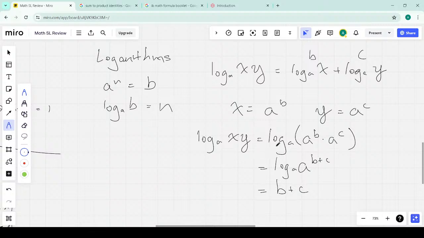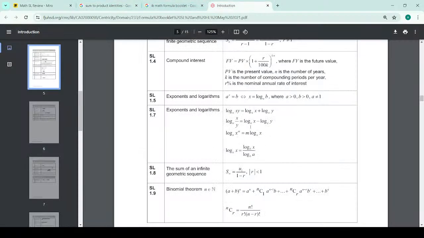Since when we multiply powers of a, the exponents are added, you can think of logs as exponents. The reason they multiply is because we add the exponents after we multiply powers together. Same with this. When you subtract, you divide.